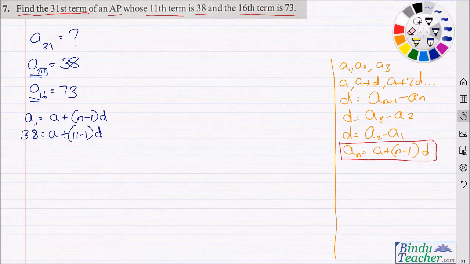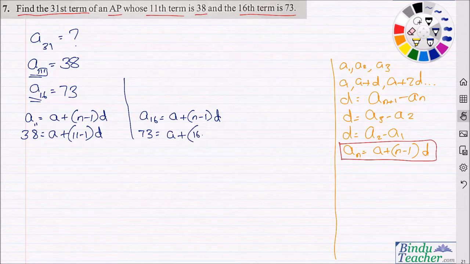We will keep this equation on one side. Let's write down another equation, a of 16 equals a plus n minus 1 into d. Here a of 16 is 73 equals a, which is unknown, plus n is 16, so 16 minus 1 into d.